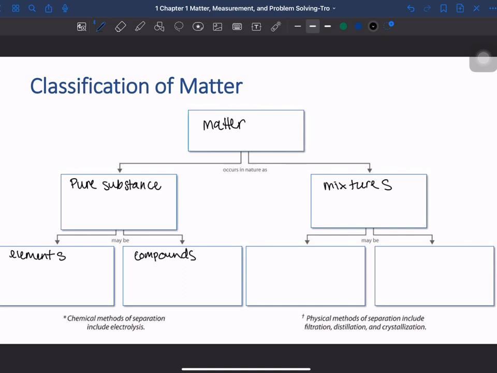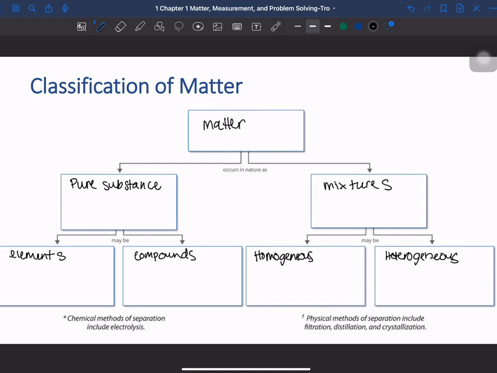And like we just talked about, the two types of mixtures are homogeneous and heterogeneous. Remember, homogeneous mixtures have uniform composition and properties throughout.